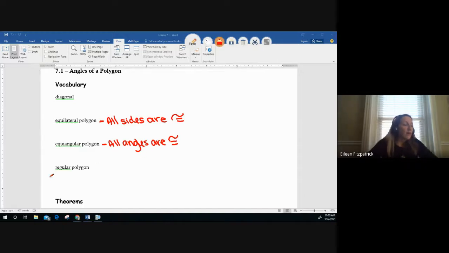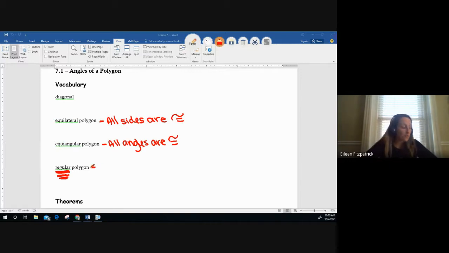And finally, regular. That word is super important when you read it in a problem or the directions. If it says it's a regular polygon, that word regular is telling you something. It means that it's both equiangular and equilateral, meaning all sides are congruent and all angles are congruent.